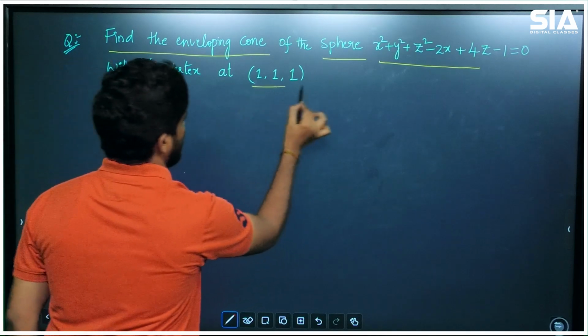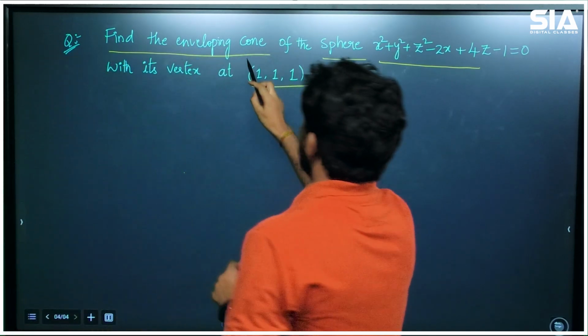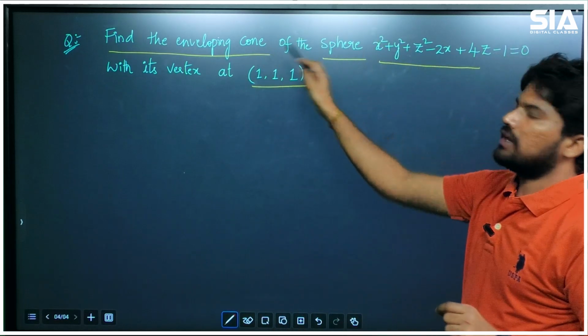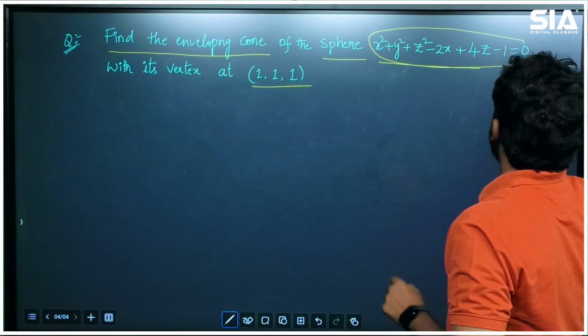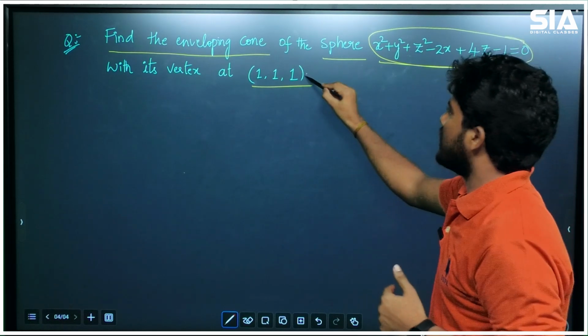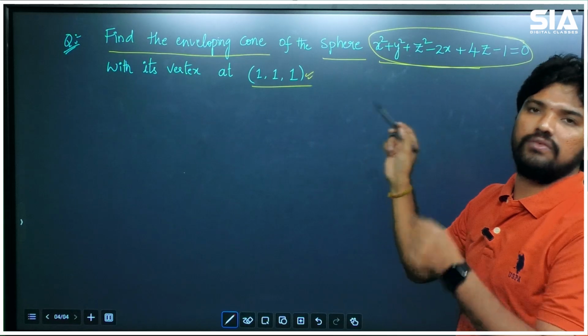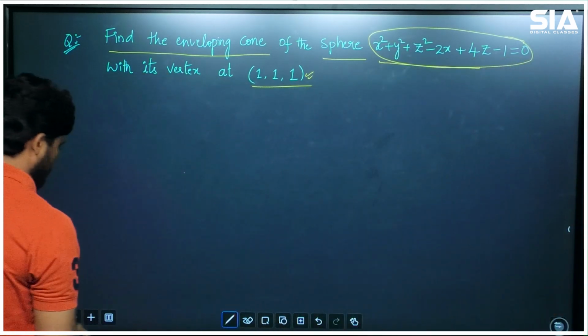This is the given problem. What are they asking in this problem? They are asking to find the equation of the enveloping cone by using the given sphere. Okay, this is the given surface. Now we have the sphere as the surface and the point (1, 1, 1) as the vertex of the enveloping cone.